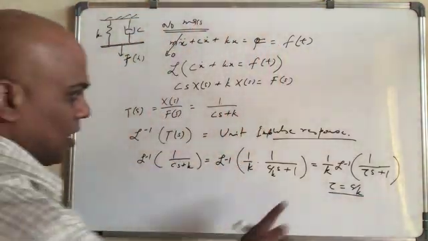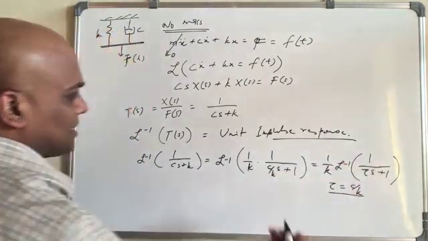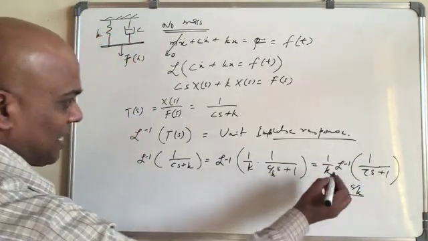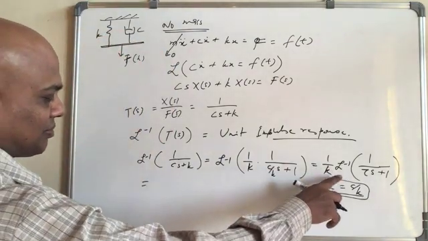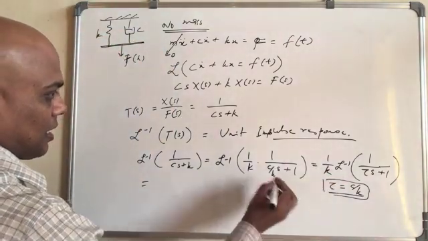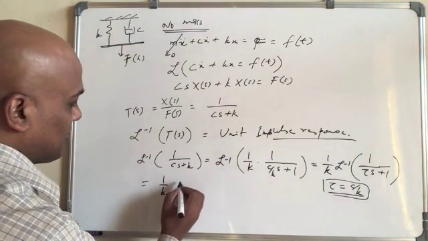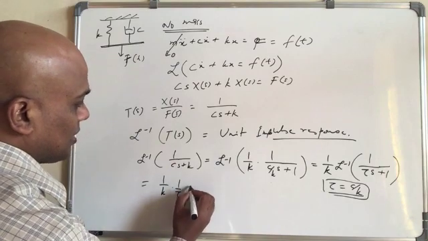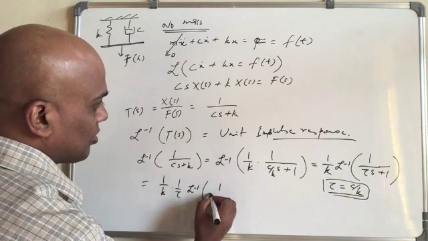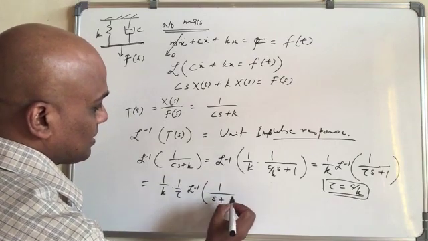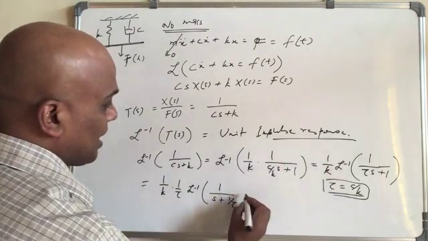The inverse transform of this we can write as 1 over k, and then 1 over tau times the inverse Laplace of 1 over s plus 1 over tau, rearranging like this.